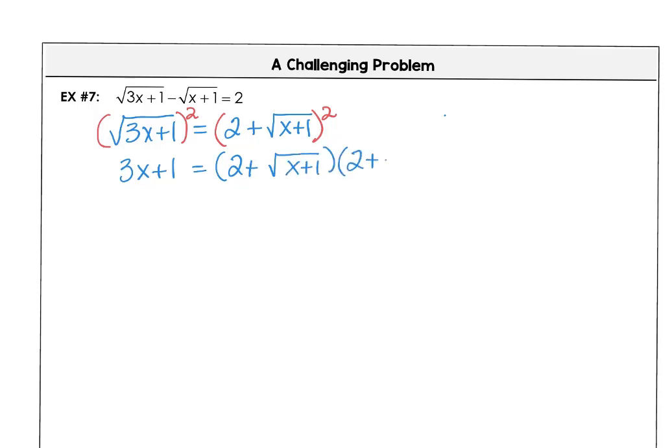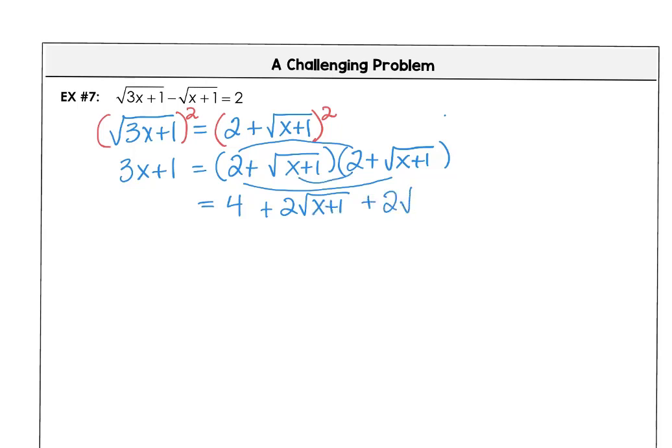I'm going to write it out so you can see what I'm thinking as I work. So we've got 2 times 2. This is 4. And we have 2 square roots of x plus 1. Then we have another 2 times the square root of x plus 1. And then we have a square root of x plus 1 times itself.